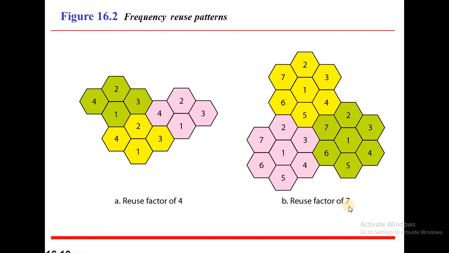So the number of frequencies allocated for the next calls is called the reuse factor, and it is usually represented as capital N. The number of cells we are reusing is also called the pattern. The cells with the same number in the pattern can have the same set of frequencies, and we call those reusing cells. Here we have 4 reusing cells in the first diagram and 7 reusing cells in the second diagram, and these patterns get repeated every time.